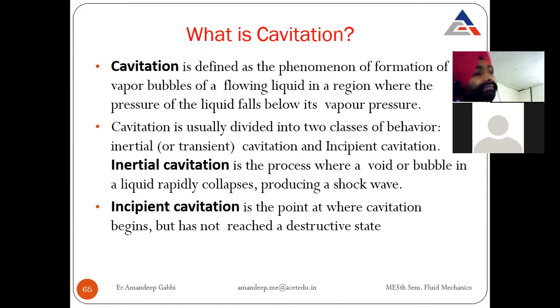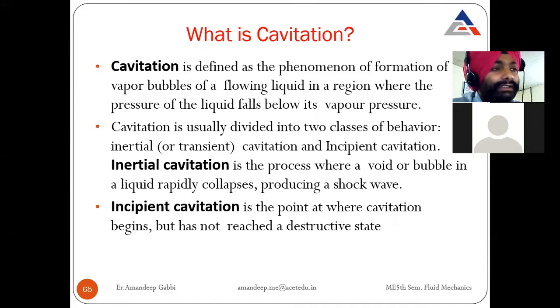But when the same phenomenon occurs in machinery like a turbine or a pump, when there is a fall of pressure, and pressure falls below vapor pressure, there is a formation of cavities or bubbles, and then these bubbles start moving towards high pressure. When they reach high pressure, they collapse.